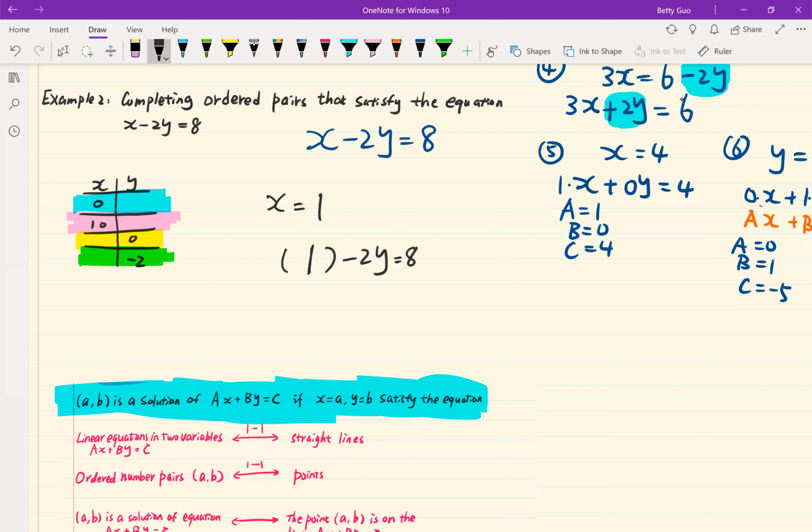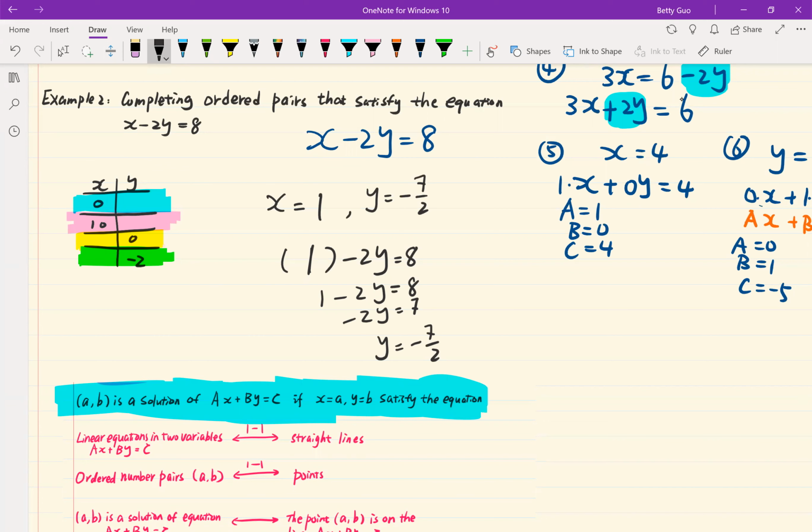Bring 1 over, we have -2y equals 7. 8 minus 1 is 7. Divide both sides by -2. We have y equals -7/2. So as x equals 1, y equals -7/2.